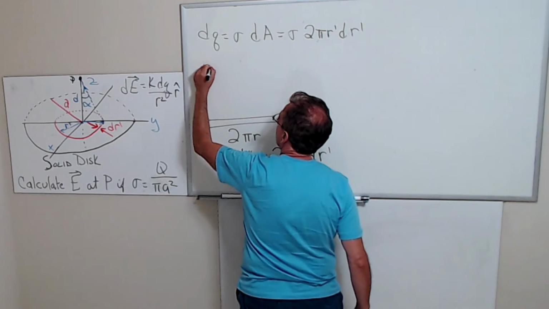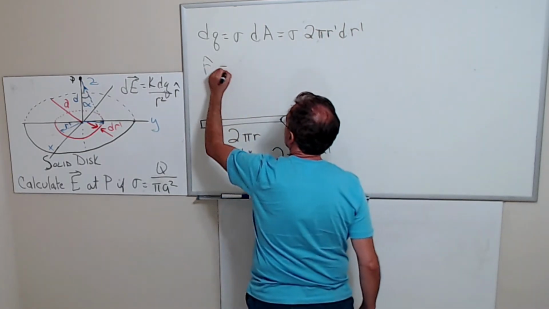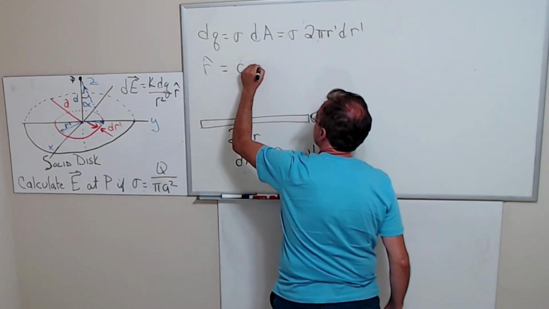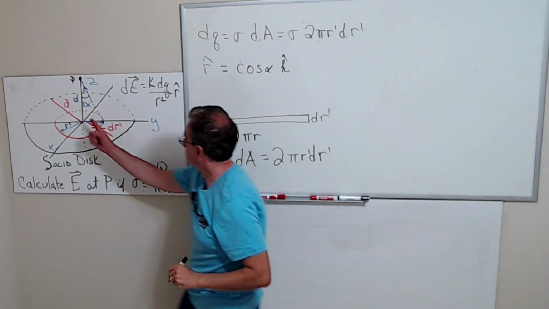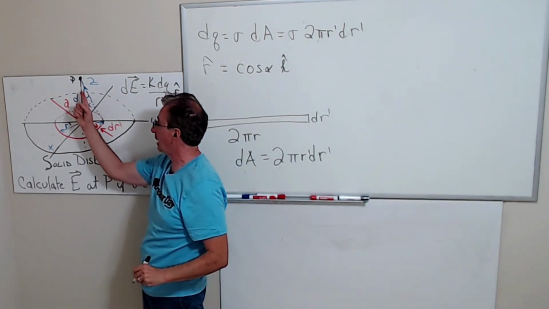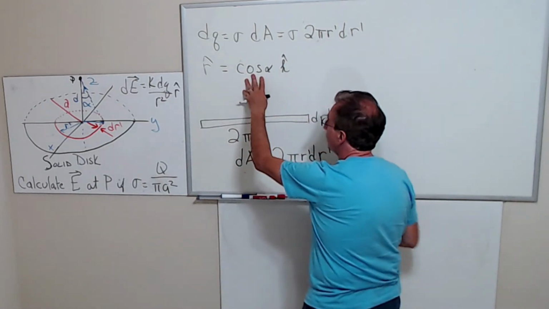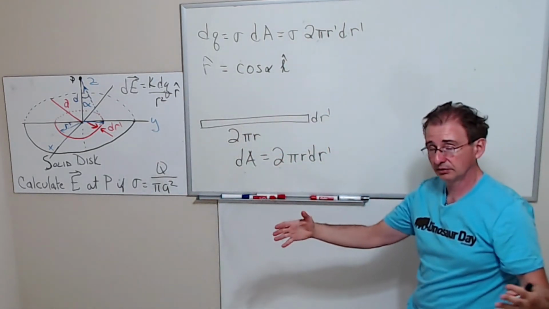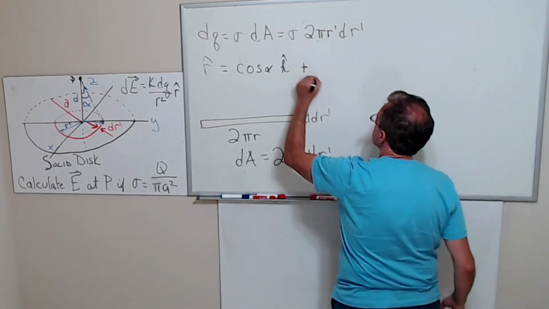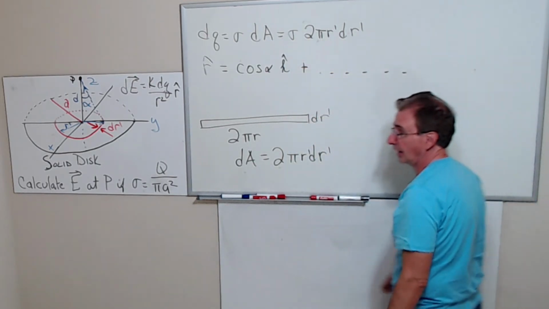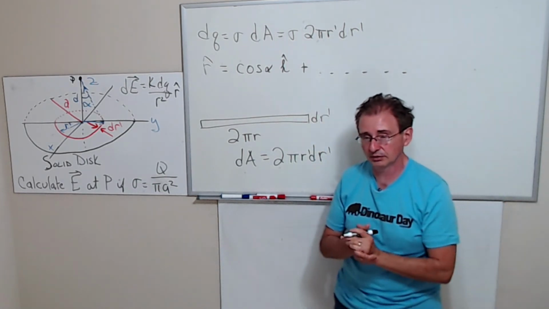The z component of r hat is determined by cosine of alpha. So it's the vector that points vertically upward here. It's the component of r hat that points vertically up here. This is one part that makes up r hat. The other two components, I'll just put dotted lines, it has x and y components, but they will not contribute to the integral.